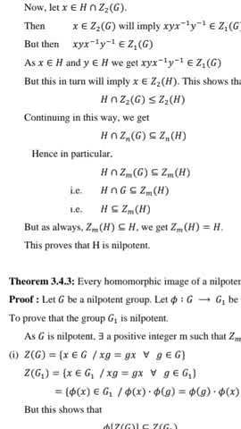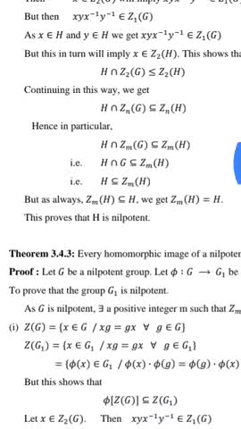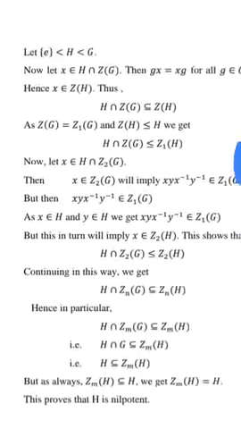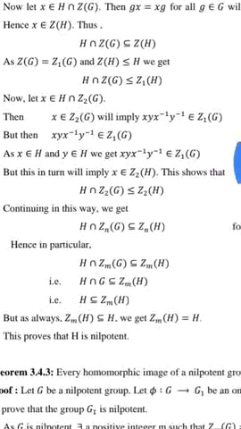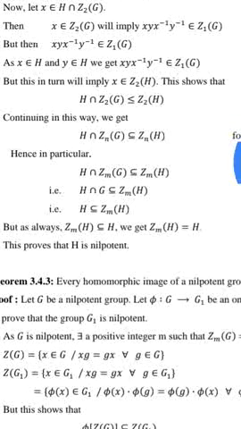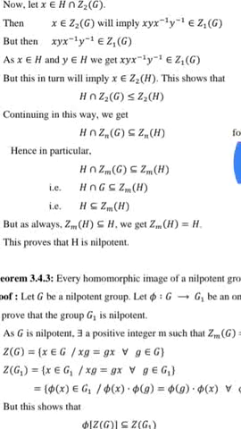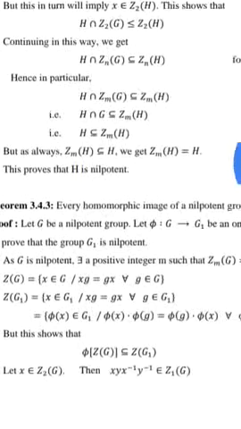But it is always that Z_m(H) is a subset of H, and we get Z_m(H) is equal to H, and hence this proves that H is a nilpotent group. We have already proved that if {e} equals H or H equals G, then H is nilpotent, and in this case we also proved that H is nilpotent.